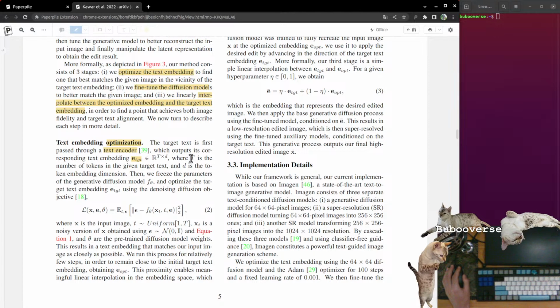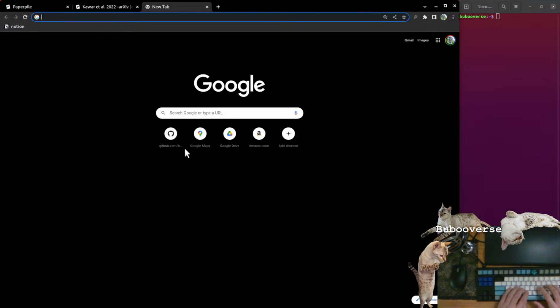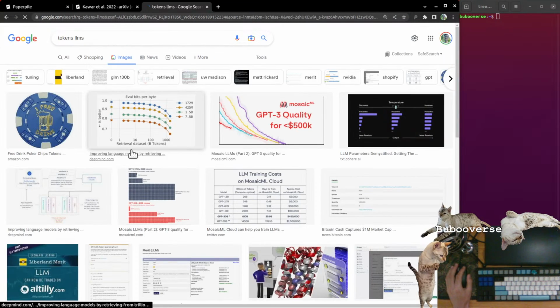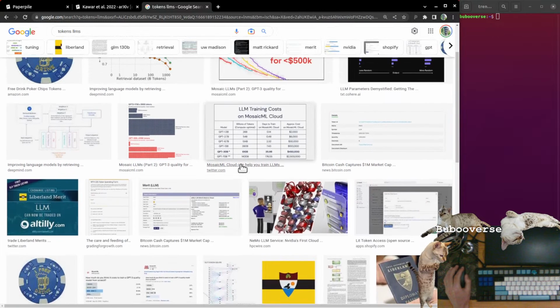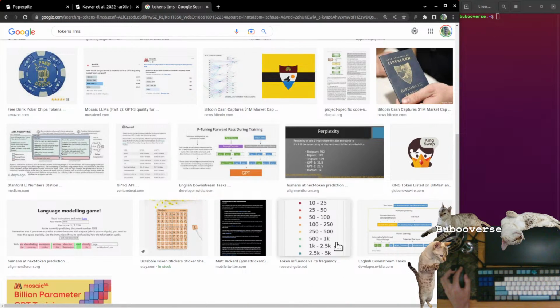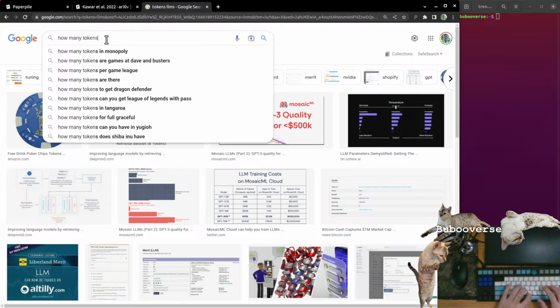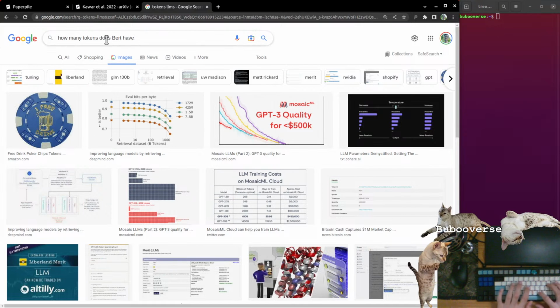The dimensionality of this embedding is the number of tokens, and D is the token embedding dimension. So how many tokens do you have, and then for each of those tokens, what is the size? All right, so tokens, LLMs. Let's see if we can find a cool image. How many tokens does BERT have?